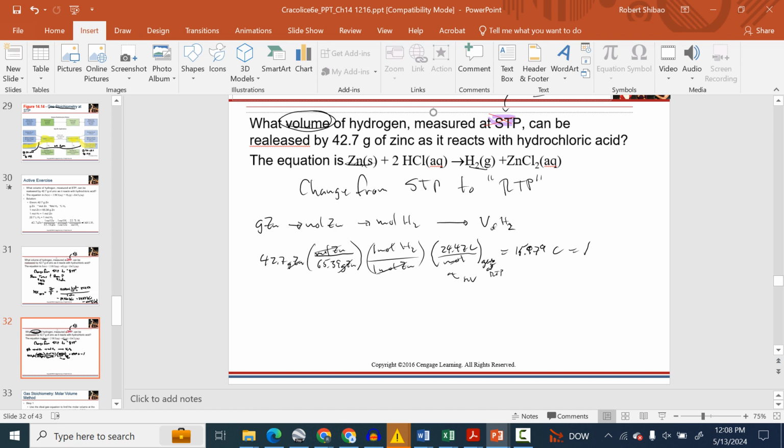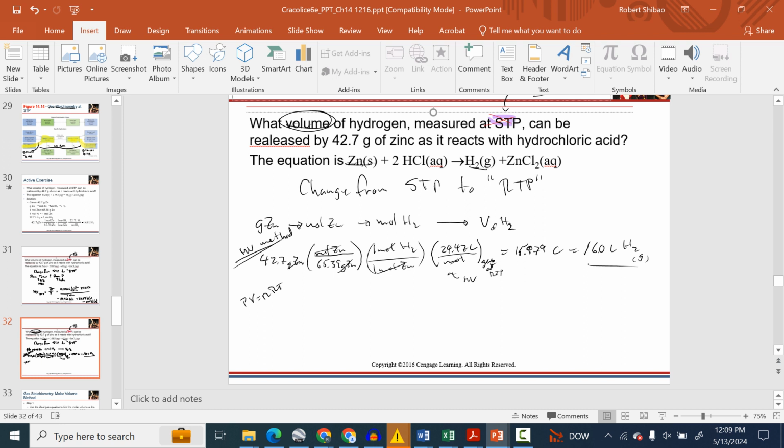We're allowed 3 sig figs, so this is going to be 16.0 liters of hydrogen gas. This is the molar volume method.